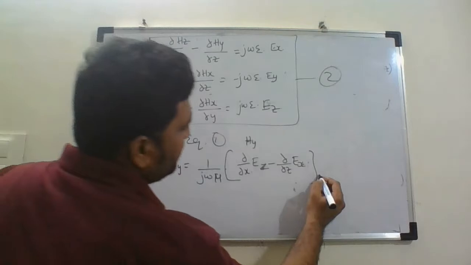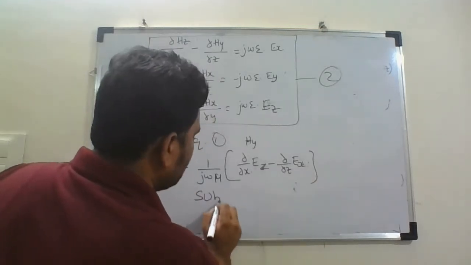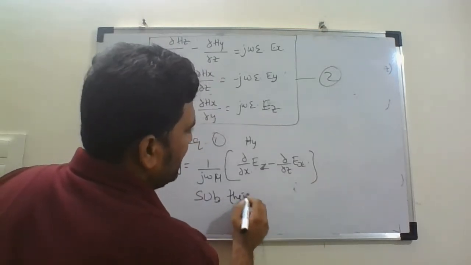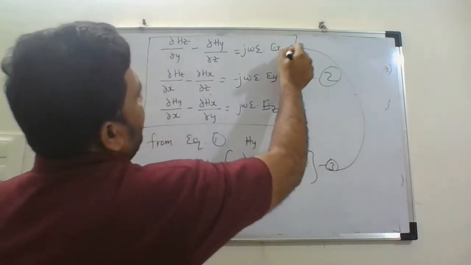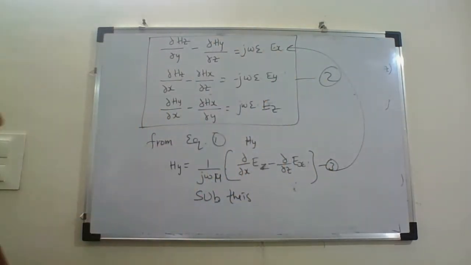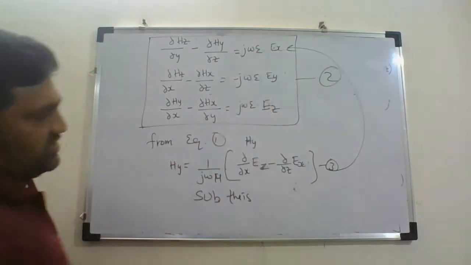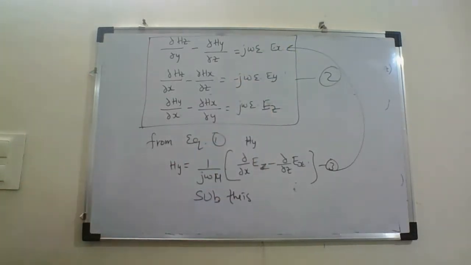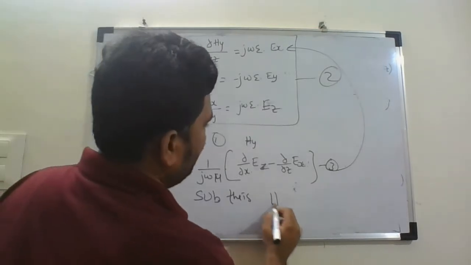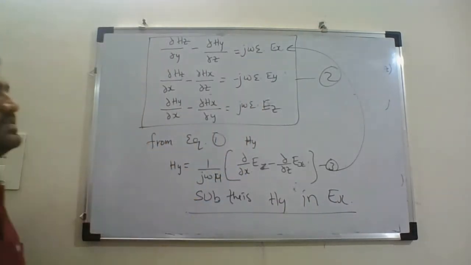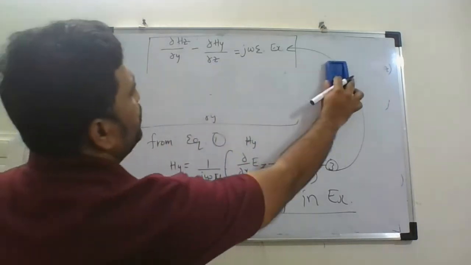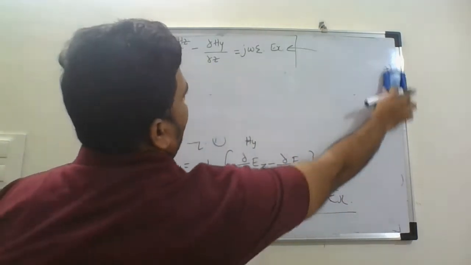Now let's say this is the third equation. Substitute this in the Ex term of this equation. So substitute Hy in Ex. Let us do that and see what we will get.